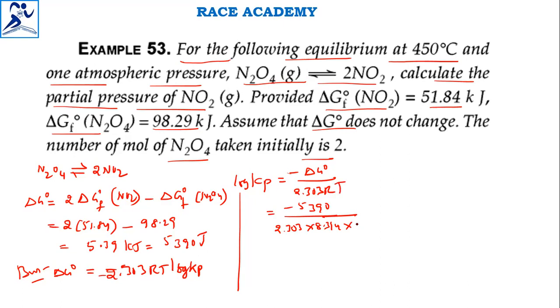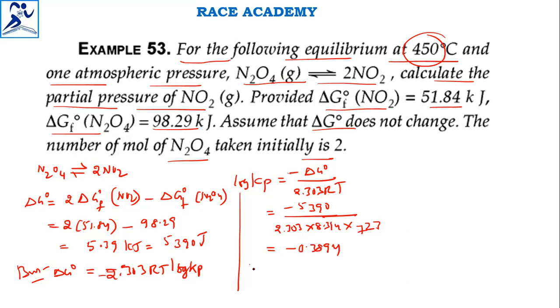That is given in the question as 450 degrees. So 450 plus 273, that is 723. After simplifying, you'll get this answer as 0.3894.